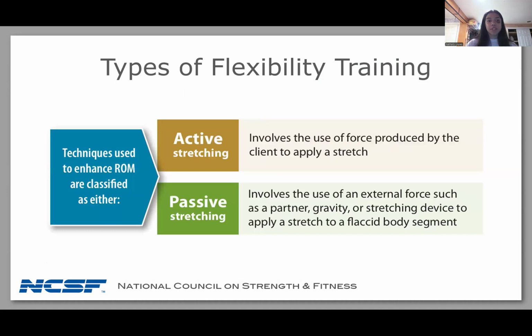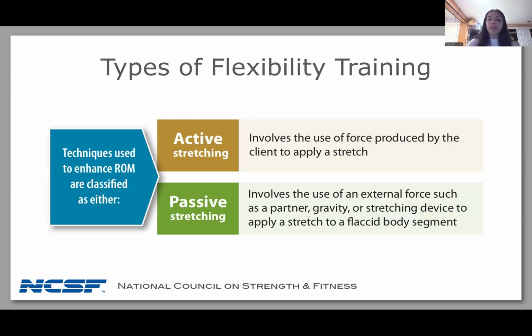So types of flexibility training: you have techniques used to enhance range of motion, and they're classified as either active stretching or passive stretching. Active stretching uses the force produced by the client to apply the stretch. So you're not helping the client when they're doing active stretching, they're going to do it themselves.